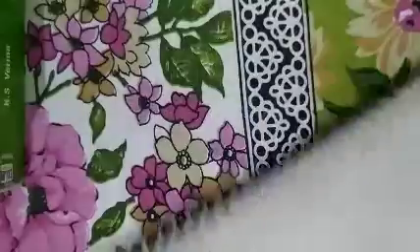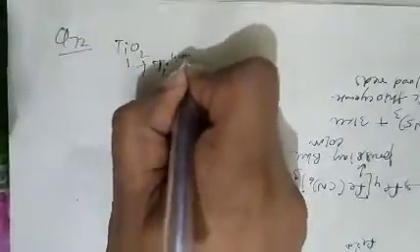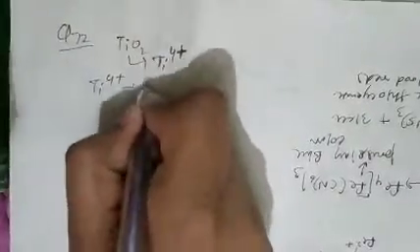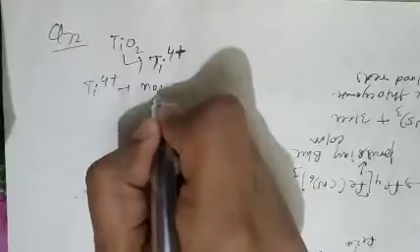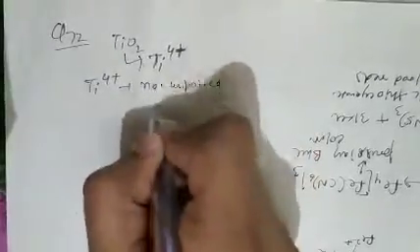See question number 72. The question is which of the following is used in white pigment? As we know, TiO2 contains Ti plus 4 ion. In Ti plus 4 there is no unpaired electron, so unpaired electron is 0.